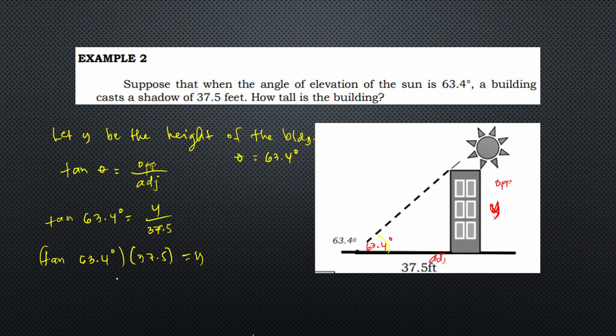You may write the y first and then get the product of the two. You have the tangent 63.4 is actually 1.997. How much is that? 1.997 times 37.5. Y therefore is 74.89.